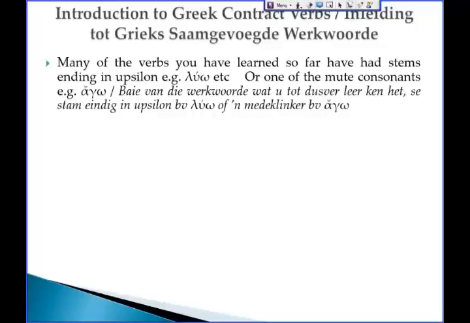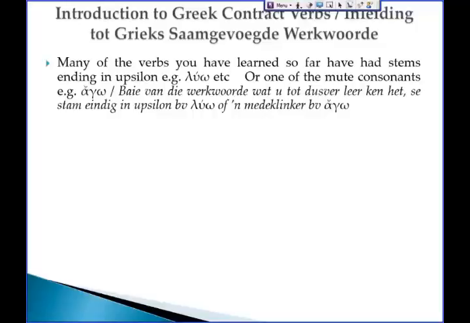That's what I mean by many verbs we have learned so far having stems ending in upsilon. You have examples in the book. Or one of the mute consonants, a verb like ago, or a verb like pempo, where you have that p ending. It's mute. What do we mean by mute?